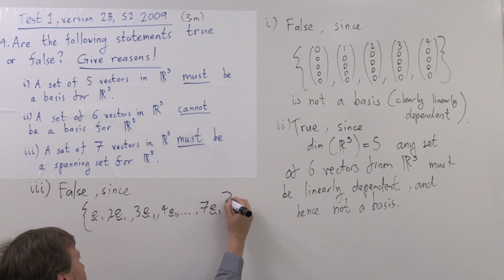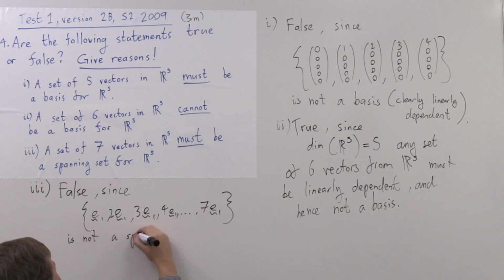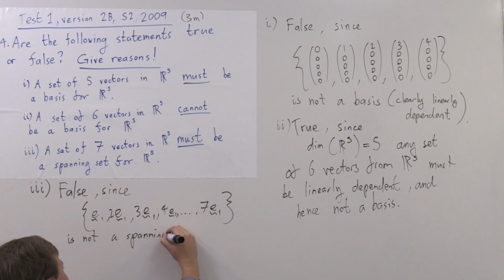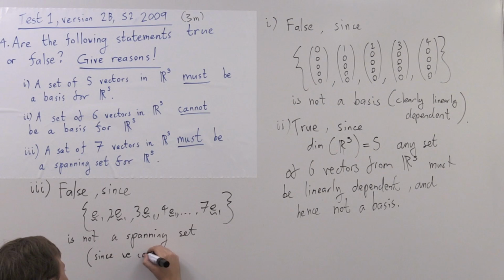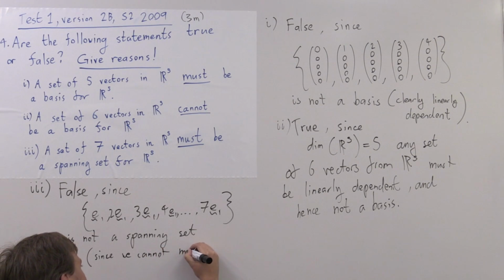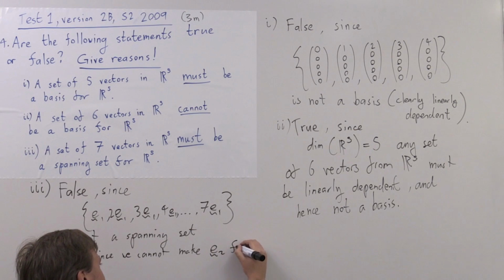So 7 different multiples of the vector E1 is not a spanning set. And if you want to be a bit more verbose, you can give a little bit more of a reason, since we cannot make, well, let's give an example, we cannot make the vector E2 from these.